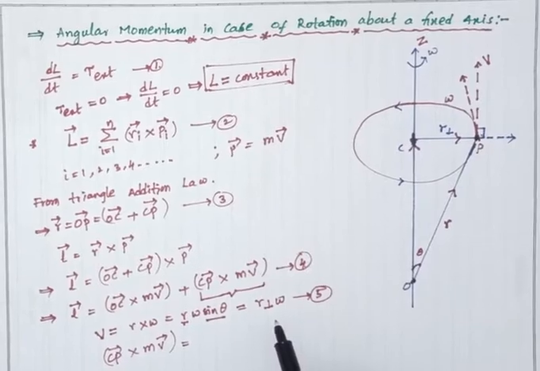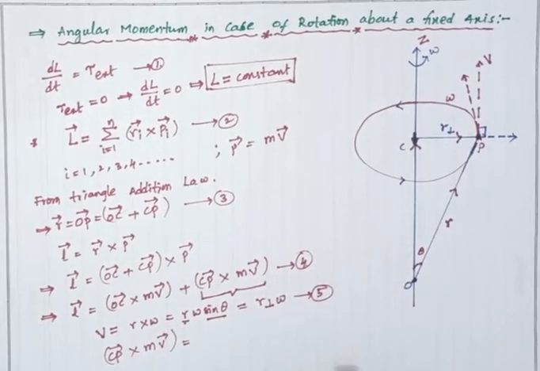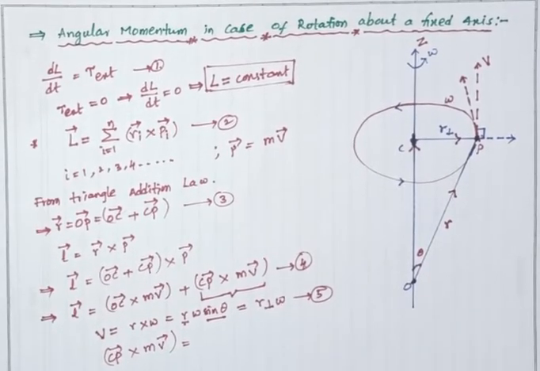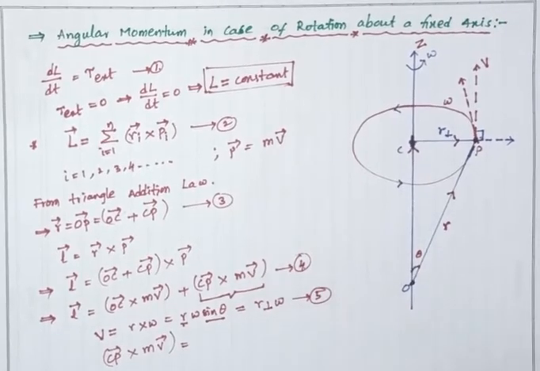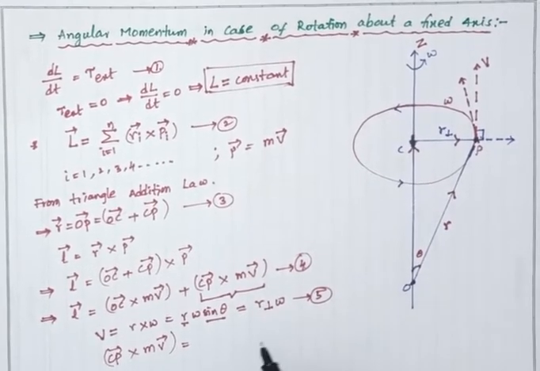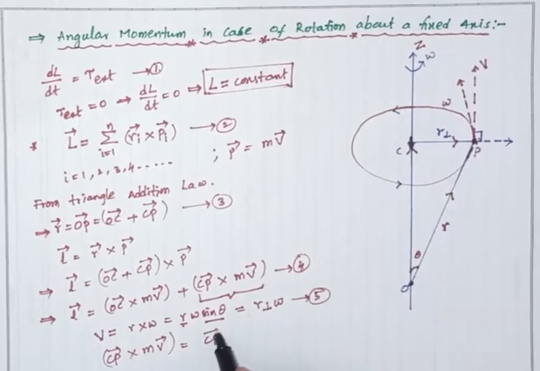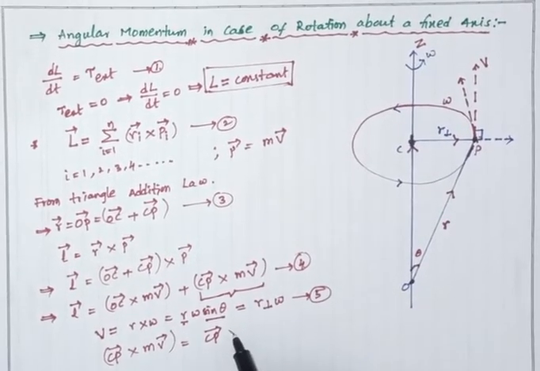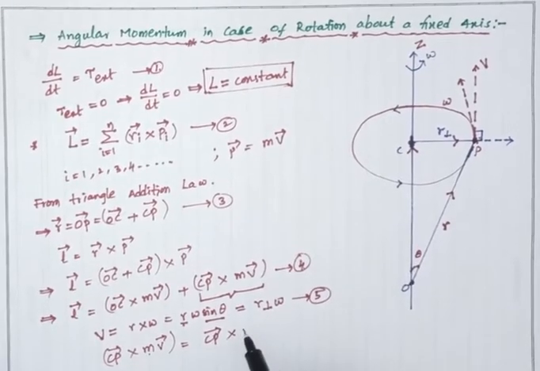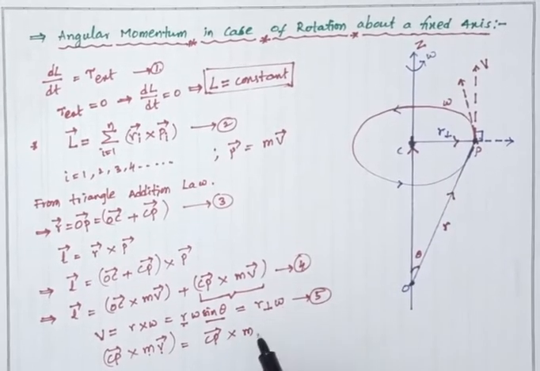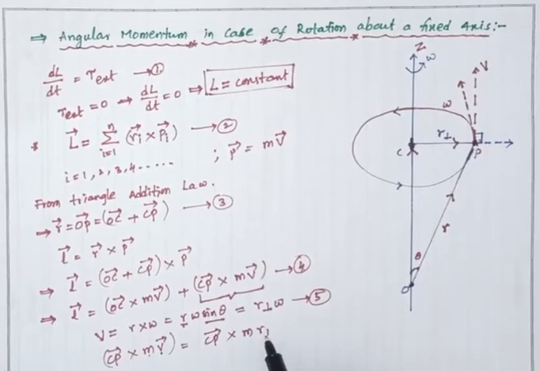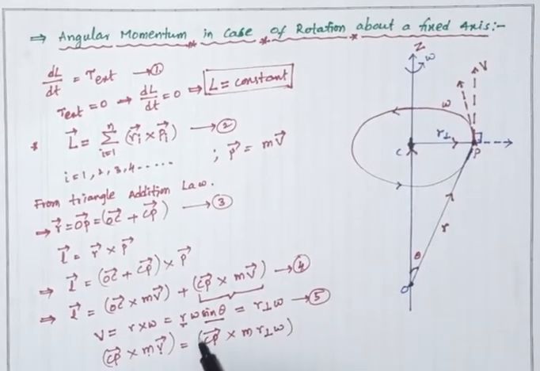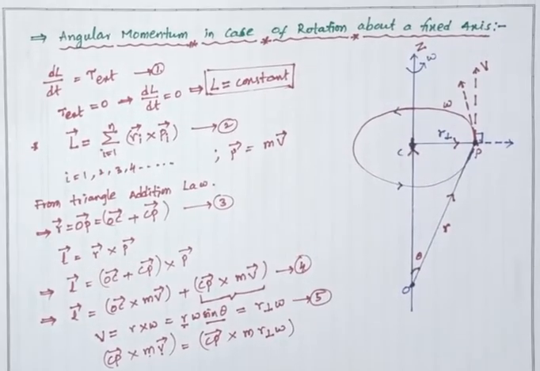CP bar is nothing but, write the same, CP bar cross m V bar, where V equals R perpendicular omega.